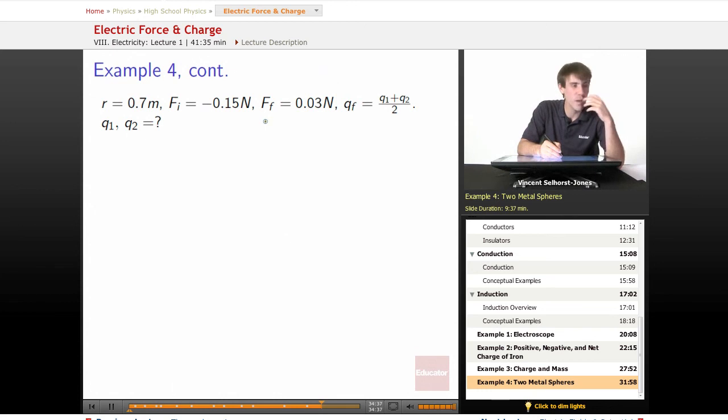We haven't really talked about how we tell direction, we've only talked in terms of magnitude. So a magnitude of negative 0.15 is the same as positive 0.15, but notice if we plug in Q1 as positive and Q2 as negative, or Q1 as negative and Q2 as positive, the important thing is they have opposite signs. If we plug in opposite signed charges, we're going to get a negative force from that formula, otherwise things are going to break.